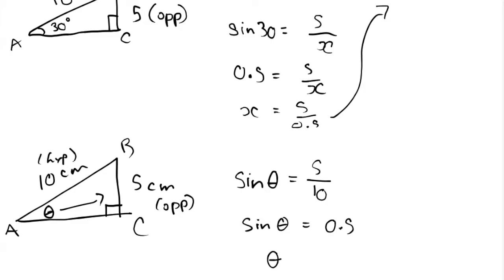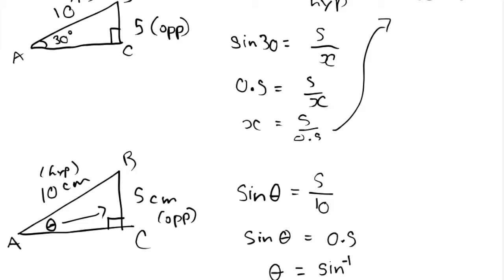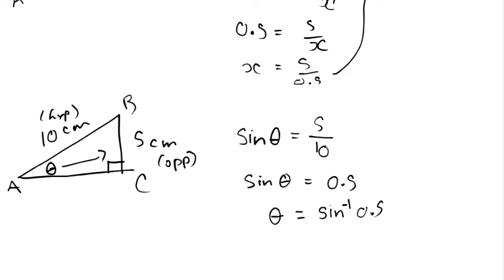Well, what operation is sine in with the theta angle? Well, it's not really an operation. If you want to bring sine towards the 0.5 side, you have to use the inverse. So it's sine inverse, sine negative 1, of 0.5. And if you punch that into your calculator, you should get theta is equal to 30 degrees.